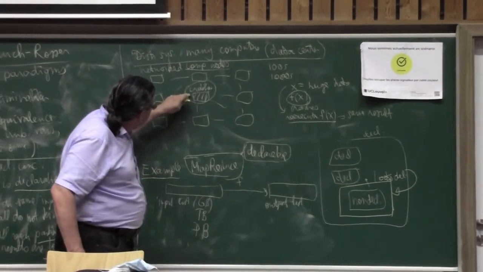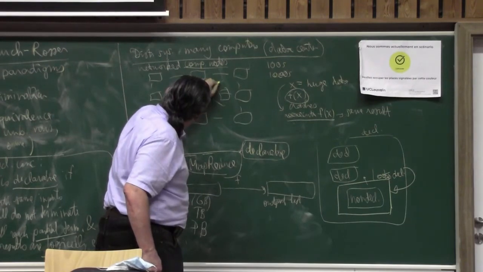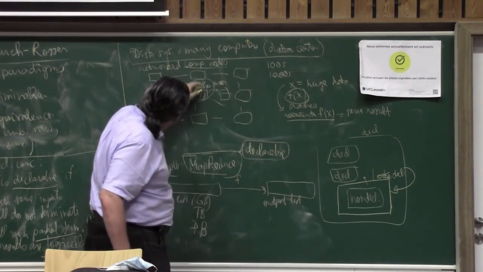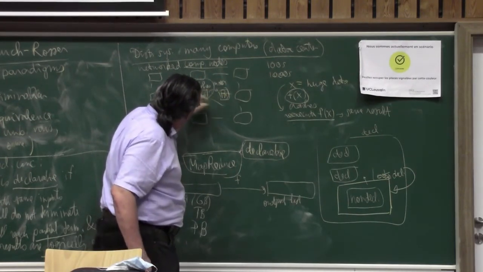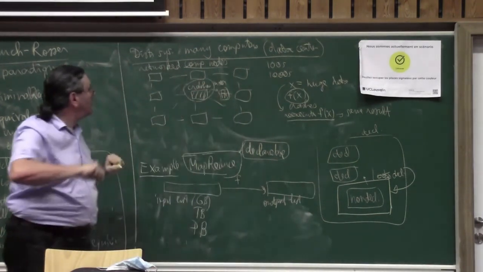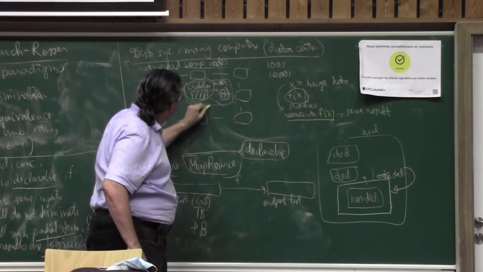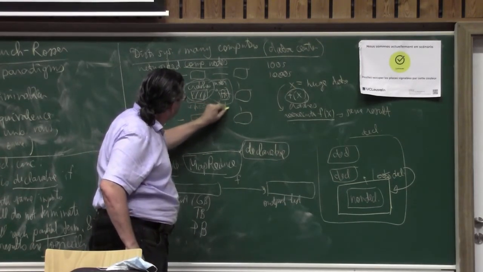So if this node crashes, we detect the crash and move the f of x computation to another node. It changes a lot, the communication and so on, but it's encapsulated, okay? And the rest of the system will not even see the error.